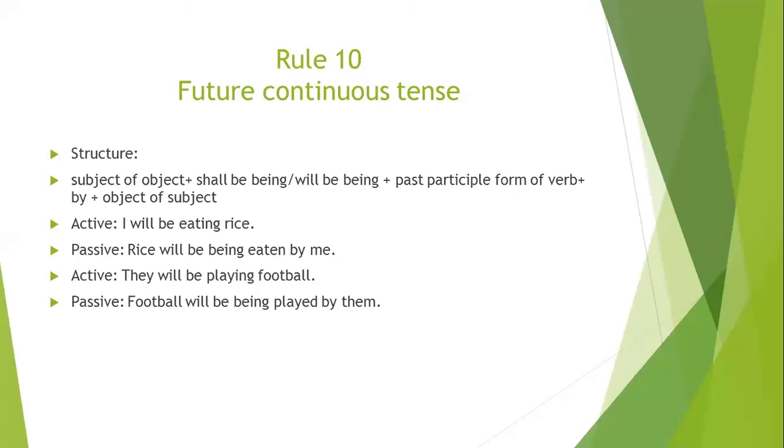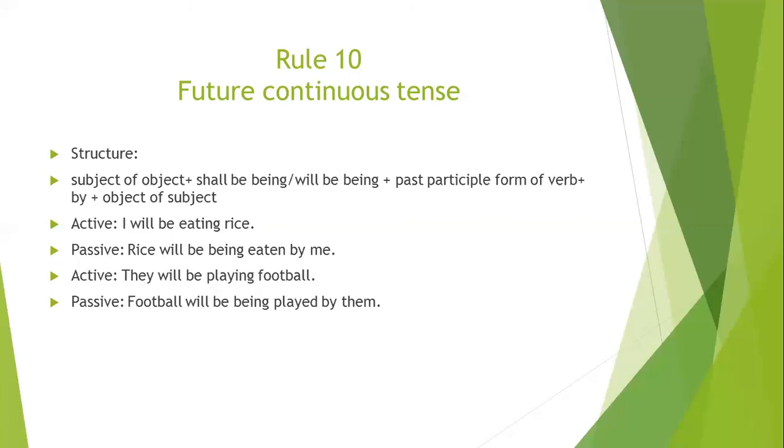Dear cadets, again the same rule, that is after will, that is after any modal auxiliary verb, there can never come any verb other than the base form of the verb, that is eating must not come immediately after will. So you will have to use be here for making it continuous. So for the active voice, I will be eating rice. The passive voice will be rice will be being eaten by me.